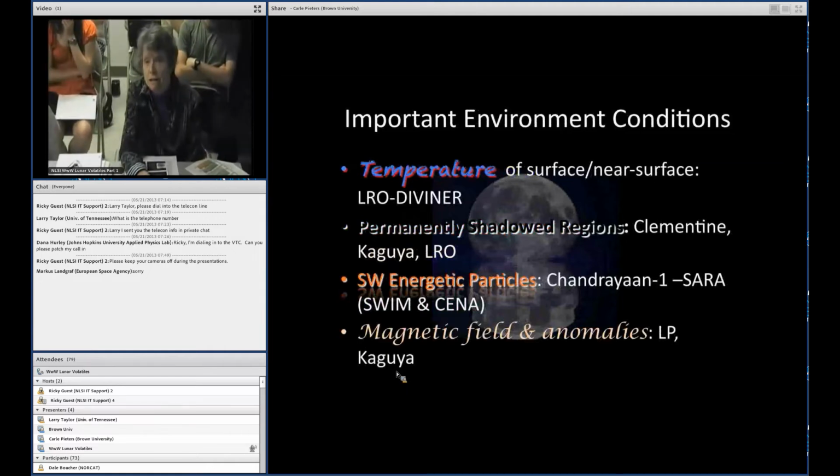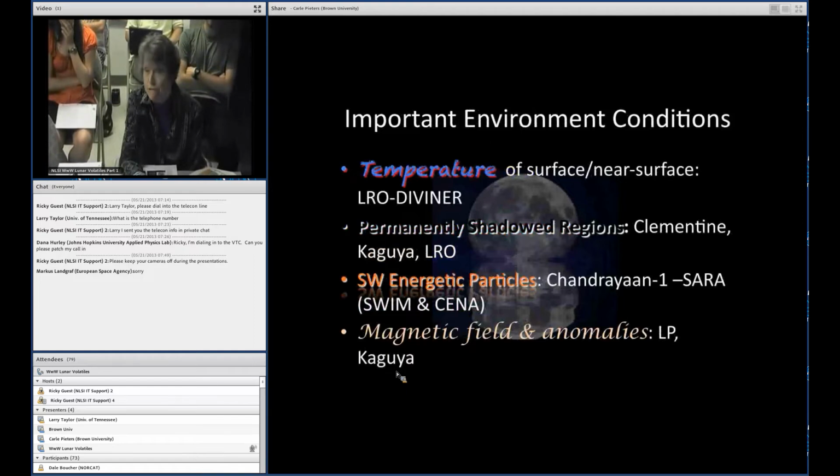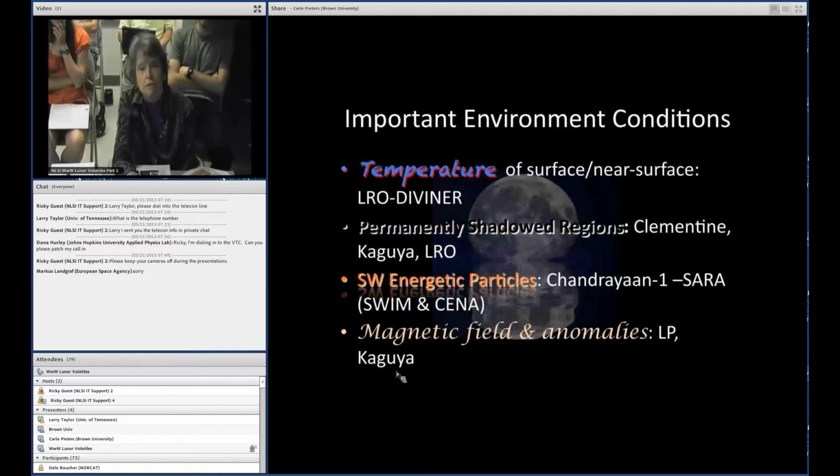The last two topics here, unfortunately, I simply will not have time to talk about, but I feel they're very important relative to the volatile issues. Namely, the energetic particles from principally the solar wind are extremely important for some of the conditions and production of some of the OH that was seen on the surface.